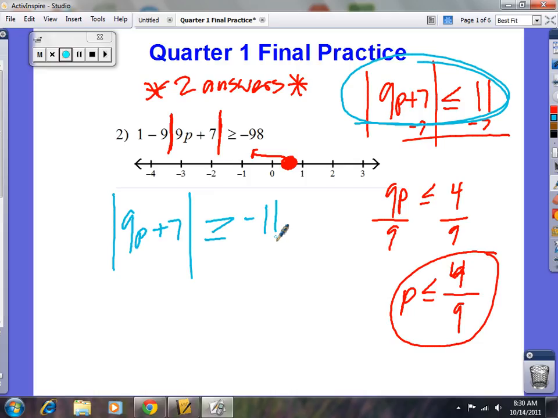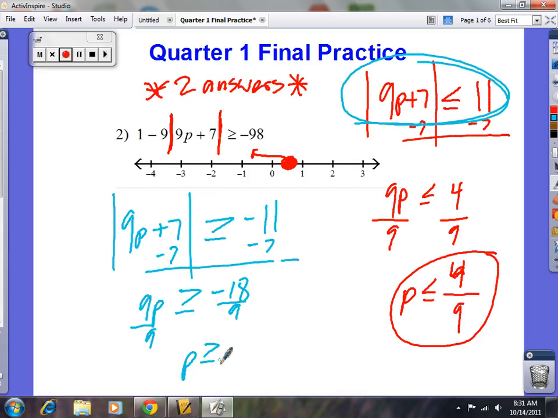Now, don't forget, second time around, you got to change the direction of your inequality. So now let's minus 7, minus 7. So we've got 9p is greater than or equal to a minus 18. Divide by 9, divide by 9. P is greater than or equal to a negative 2.